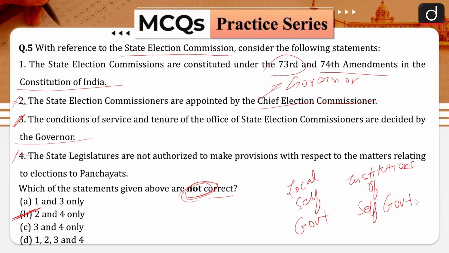So that is why the state legislature may endow the panchayats with such powers as are helpful to them to function as an institution of self-government. And that is why the correct answer for this question is option B, 2 and 4 only.